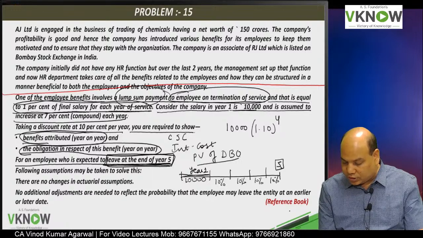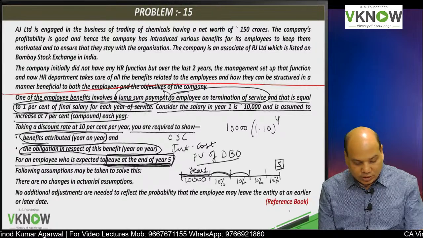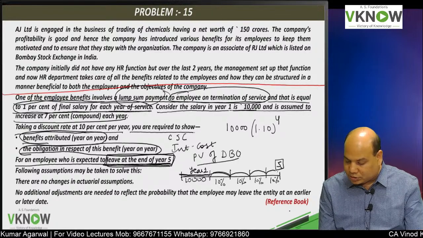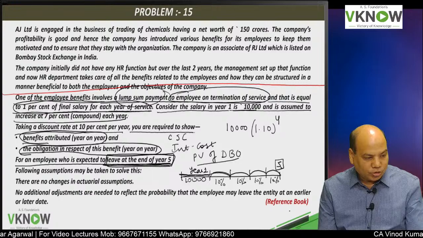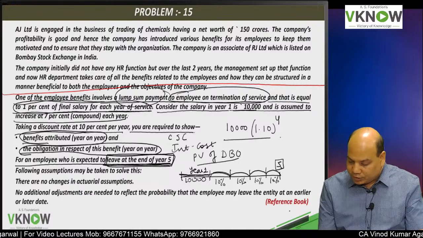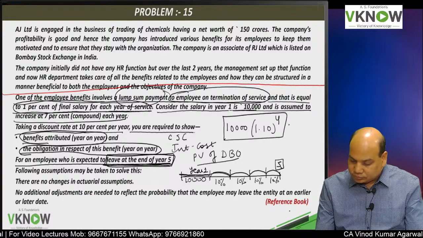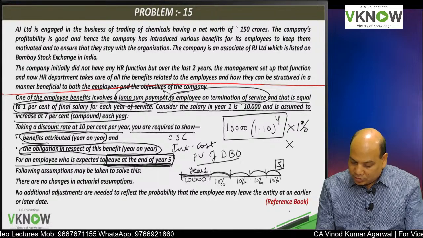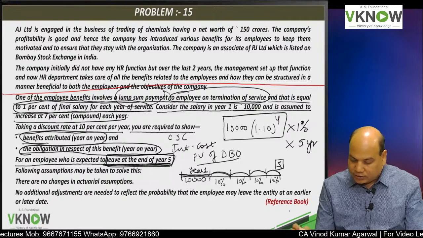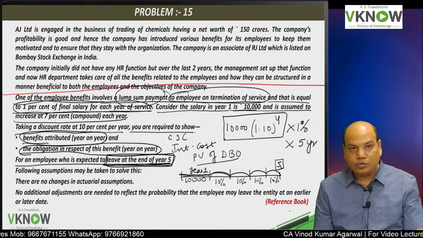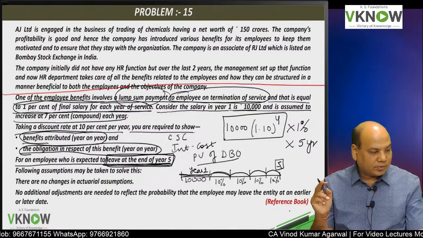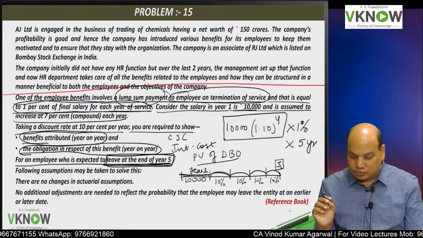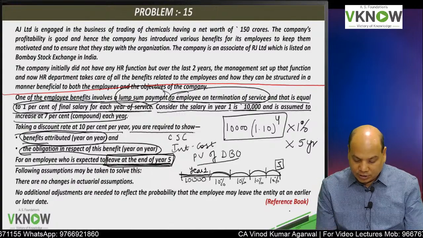Salary in the first year is 10,000, then 10% appreciation, 10% appreciation, 10% appreciation, 10% appreciation. So we have to find the last drawn salary, multiplied by 1% and then multiplied by 5 years. That will give you total benefits to be paid. That you divide by 5 will give you benefits per annum.